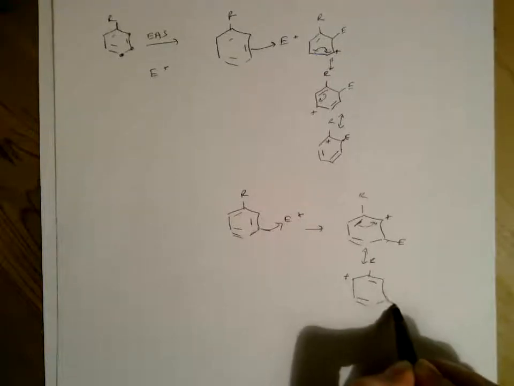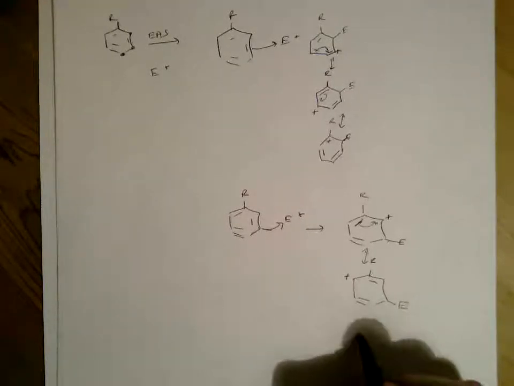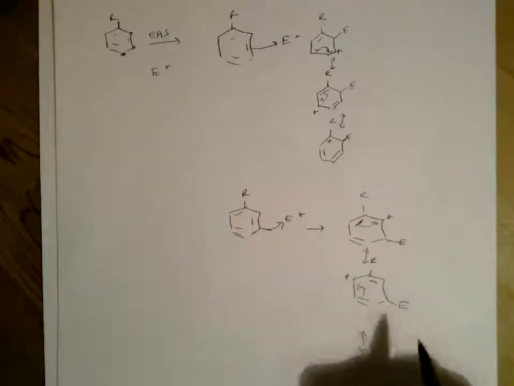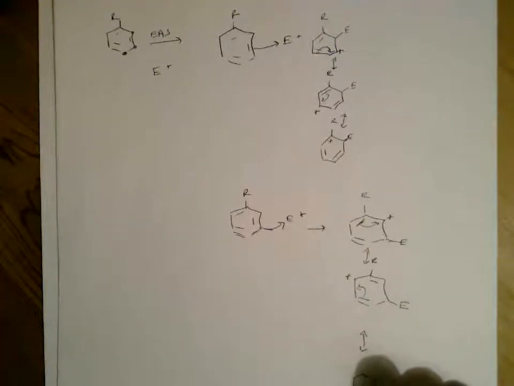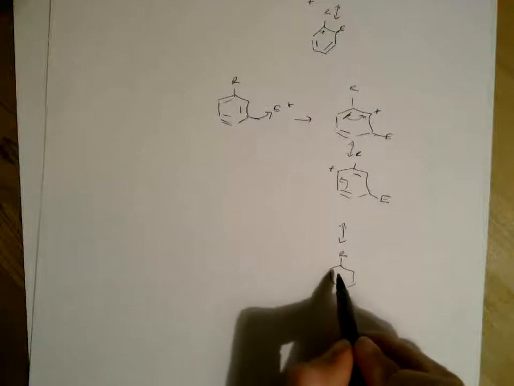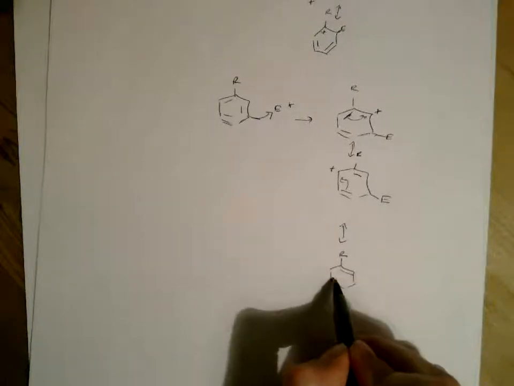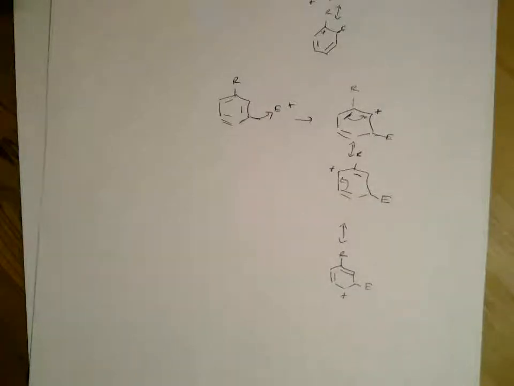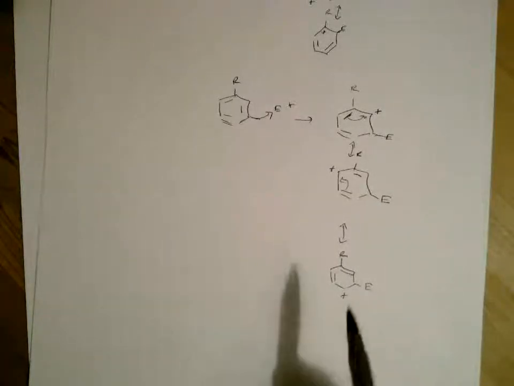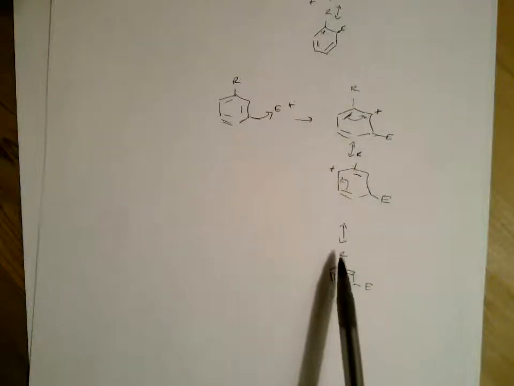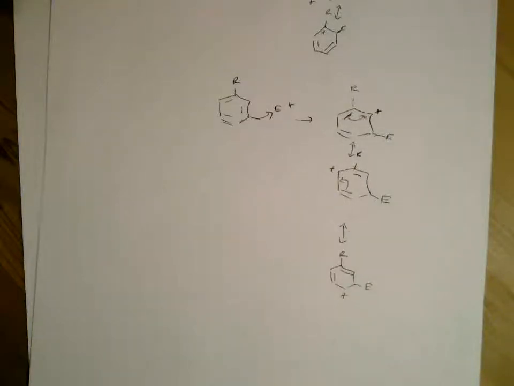This bond hasn't been touched, and our electrophile is still at the meta position. Then these electrons move over to fill in, and your carbocation moves one more spot. So you can see that carbocation moving around the ring. In this case, the carbocation never ends up right where the substituted group is. So it's missing out on that.